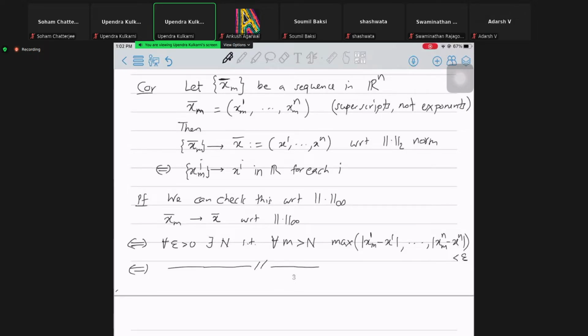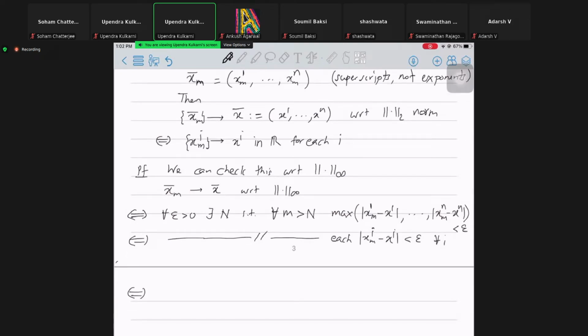What does it mean that the maximum of a bunch of numbers is less than epsilon? Not only does it imply, it really is equivalent to saying that each one of those numbers is less than epsilon. So each x_m^i minus x^i is less than epsilon for all i.